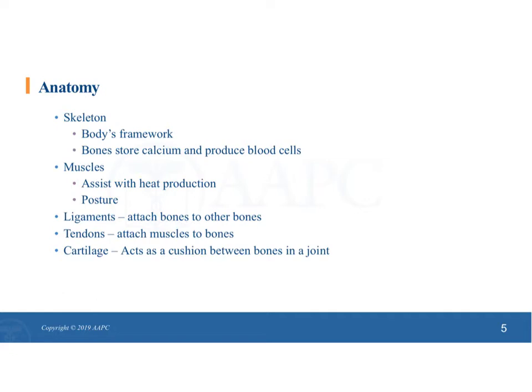They cross joints, attaching bones together. A tendon is a non-distensible, strong cord-like structure. Tendons are composed of dense fibrous connective tissues attaching muscle to bone. When measuring muscle length, tendons are included.